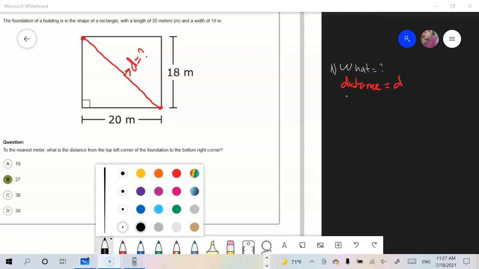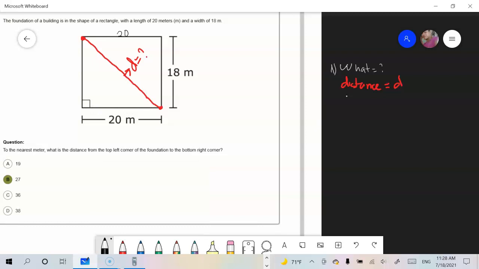So now, you have a rectangle. A rectangle has 4 sides, and these two are the same, so this side is 20 meters long. And these two sides, this one here and this one here, are the same, so this side is 18 meters long.